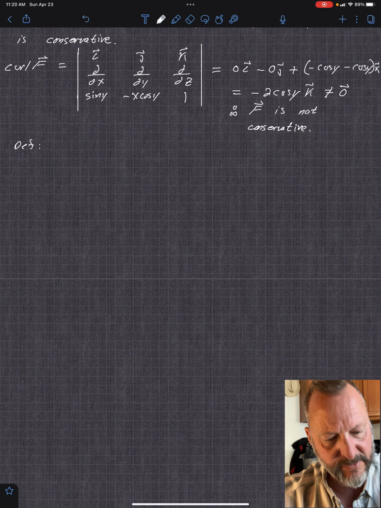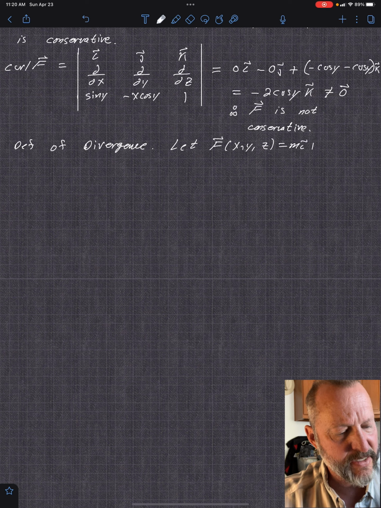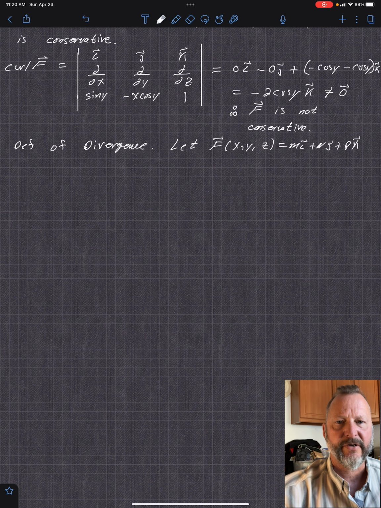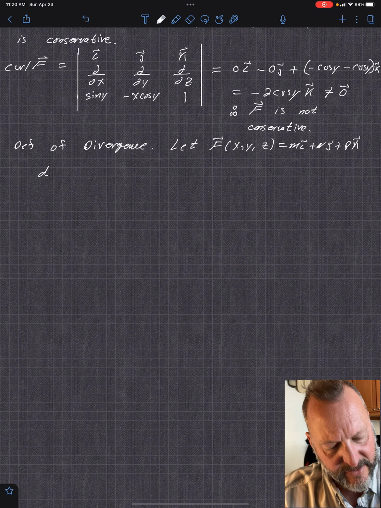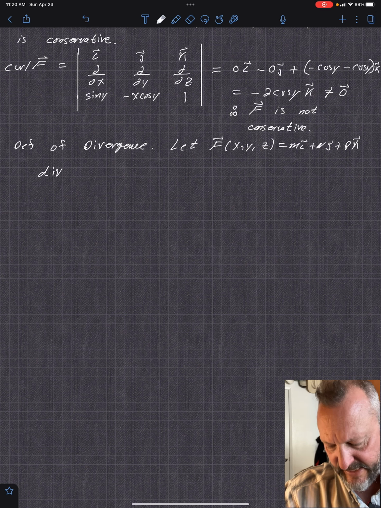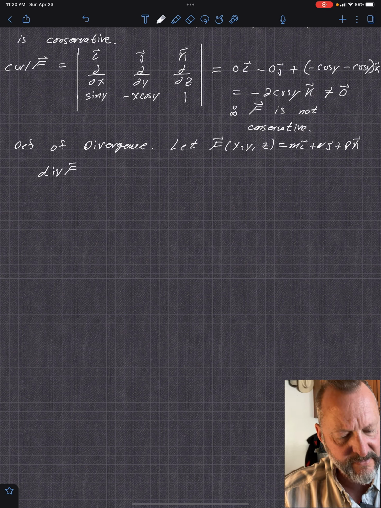Let F of x, y, z equal M i plus N j plus P k. So there's our vector field. And then we'll calculate the divergence, just div of F.